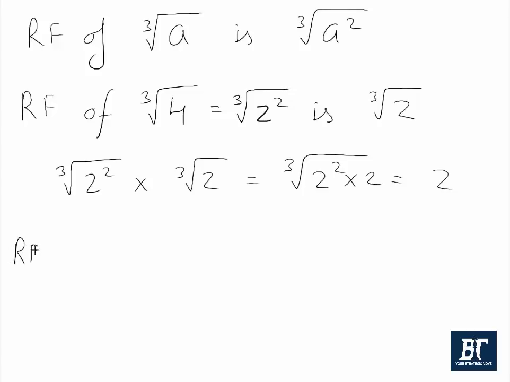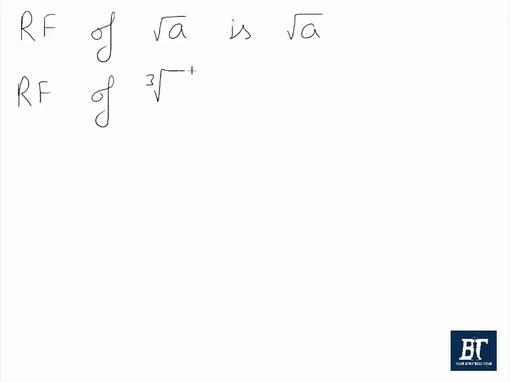If you use the above formula, you will get rationalizing factor of cube root 4 is cube root 4 square. Now this is also correct, but this is the most simplified rationalizing factor. So moving on, we should remember rationalizing factor of root a is root a. Rationalizing factor of cube root a is cube root a square.